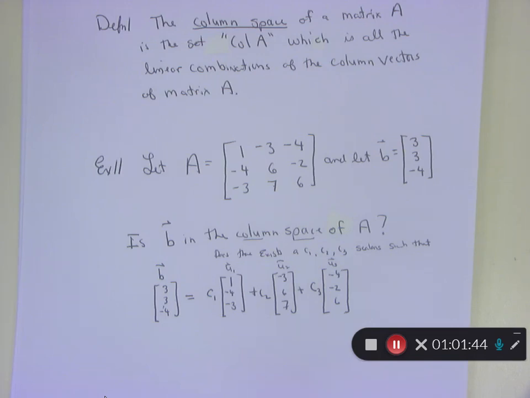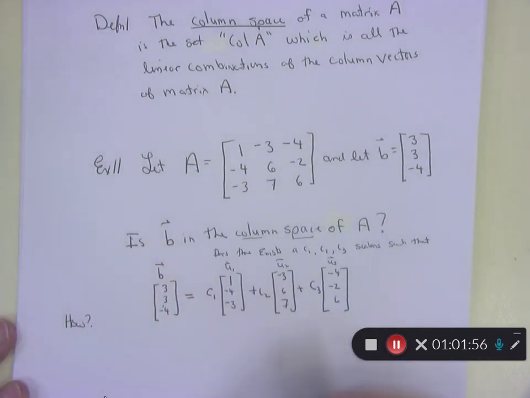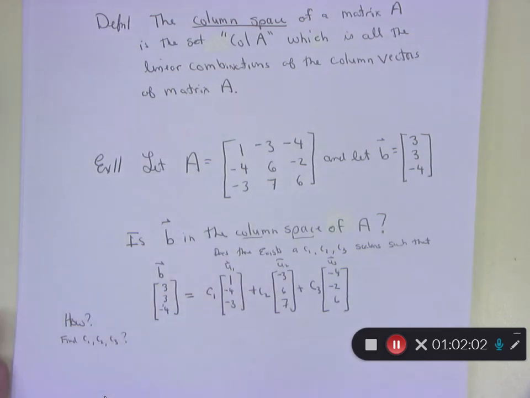To be in the column space, you've got to be able to solve for C1, C2, and C3. Does that make sense? So, I have a question for you. How would you find C1, C2, C3? How are you going to do that?